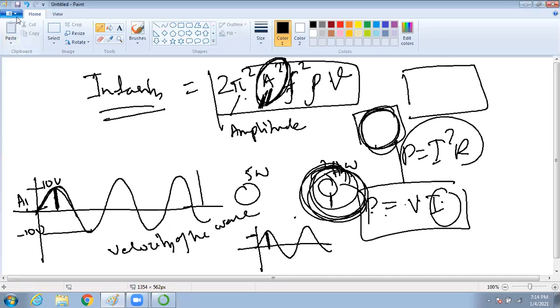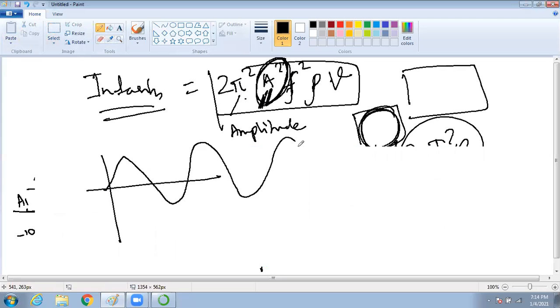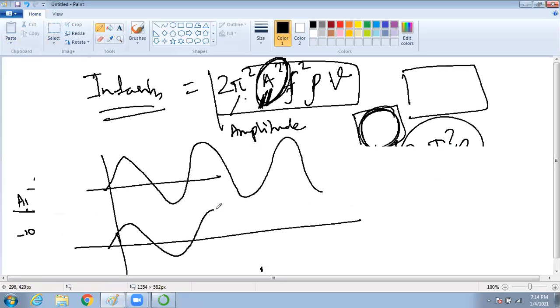Why? Because I can have two waves, one with higher amplitude and one with lower amplitude. Only the amplitude is the difference. Other things remain the same. Frequency remains the same, both are going in the same medium, and the velocity of the waves is the same.